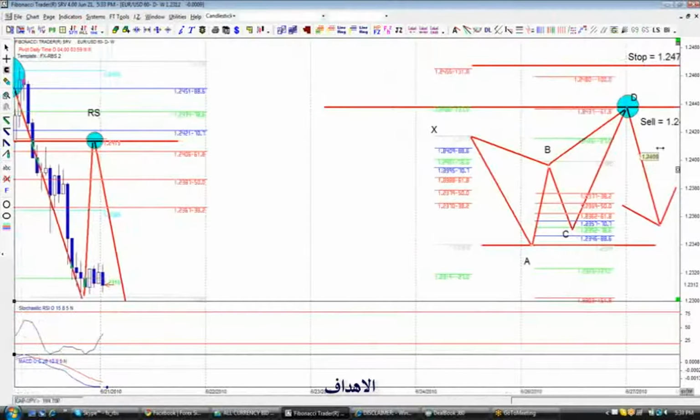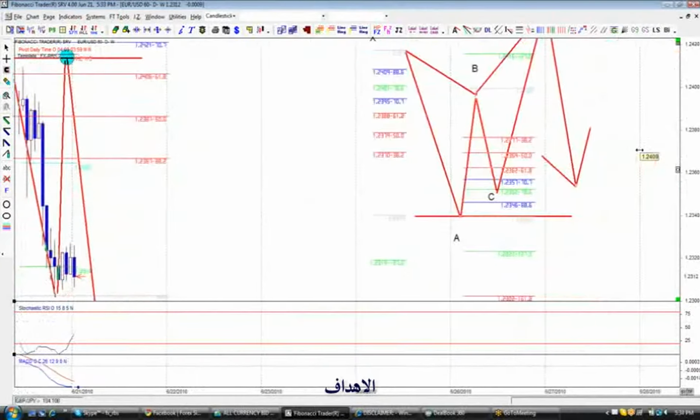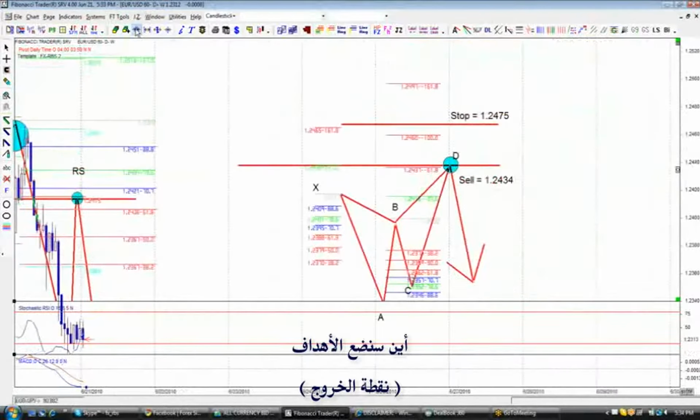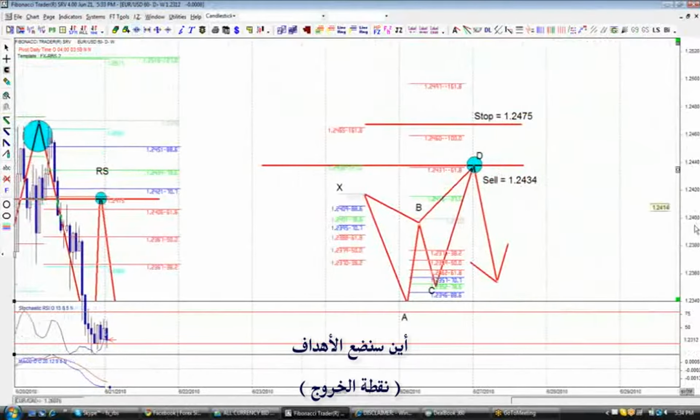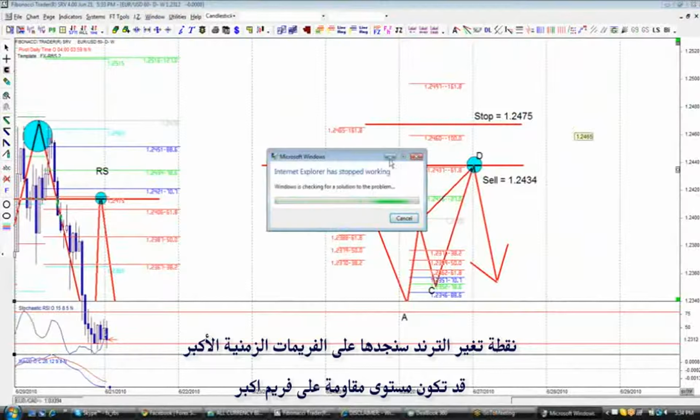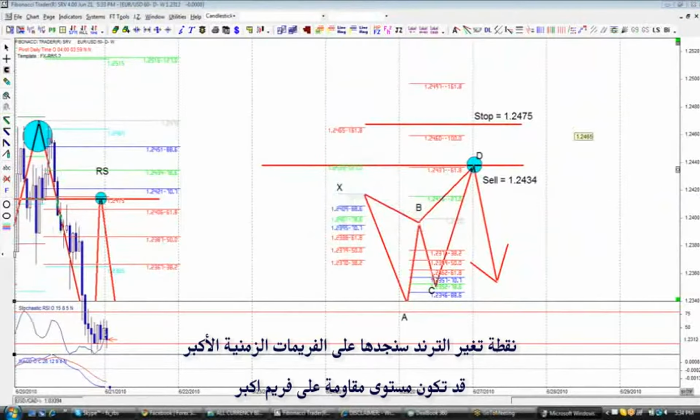Limits. Where do we place the limits? The first place is the trend reversal point we find from higher time frame.